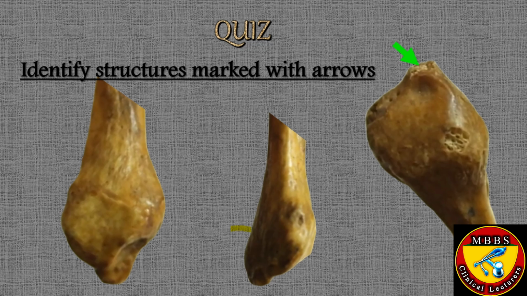What is this structure highlighted with yellow? Highlighted with blue, highlighted with purple arrow, highlighted with black arrow, highlighted with red arrow. So you have to identify the structures marked with arrows of different colors.